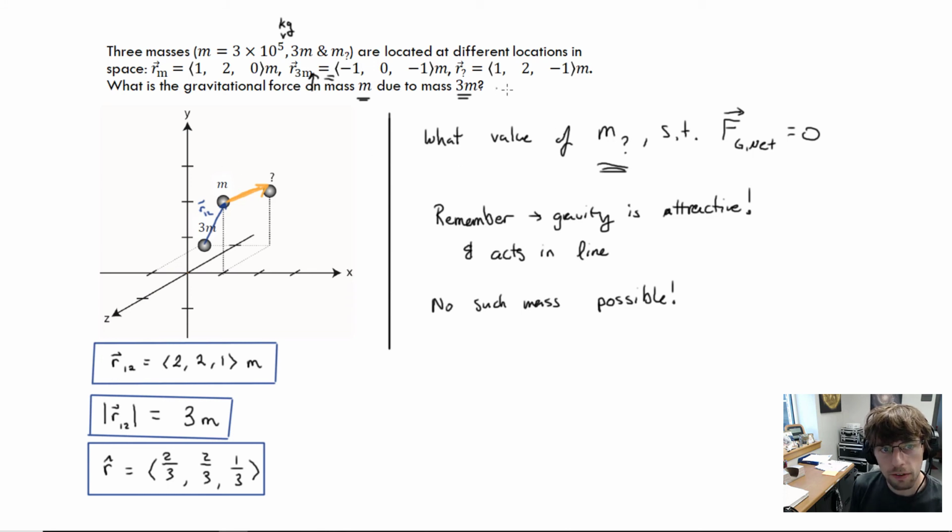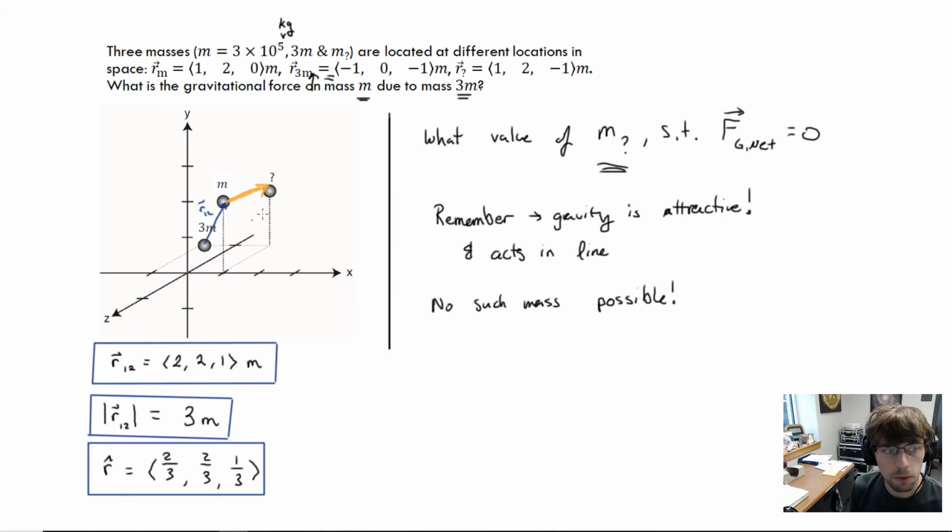Now, if you wanted to go and try to find it, you certainly could. We have an expression for the gravitational force due to that pair. And you have a way of actually finding an expression for the gravitational force between these two pairs. In fact, I encourage you, go ahead and try that out. Find the r vector, find the magnitude, find the unit vector. But you'll find that it doesn't matter.